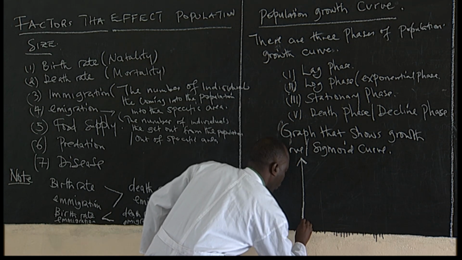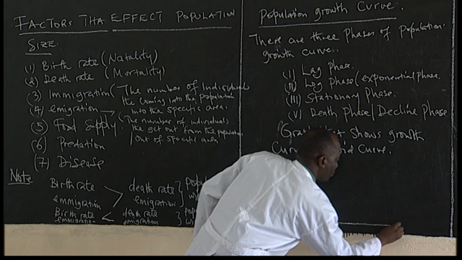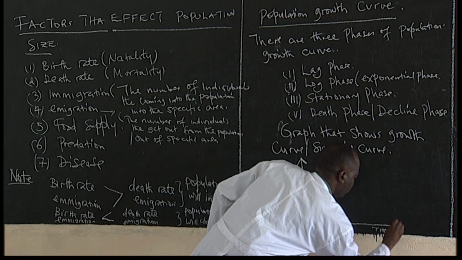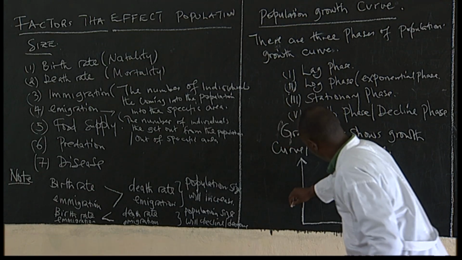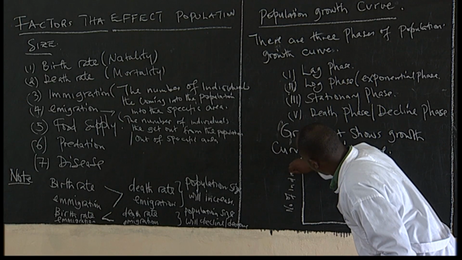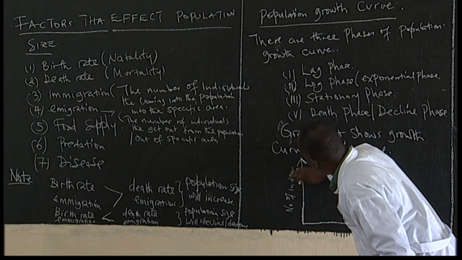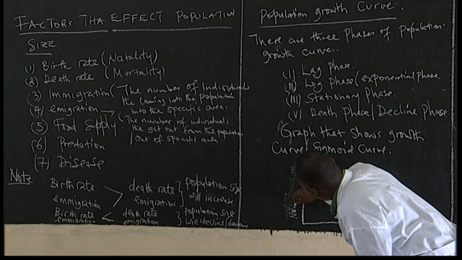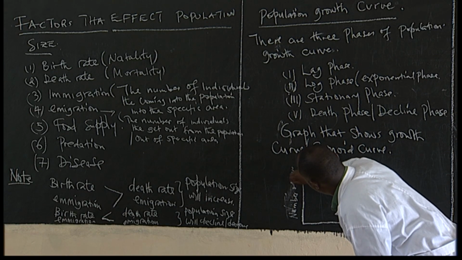Let me try to draw the sigmoid graph. This is time, and these are the number of individuals present.